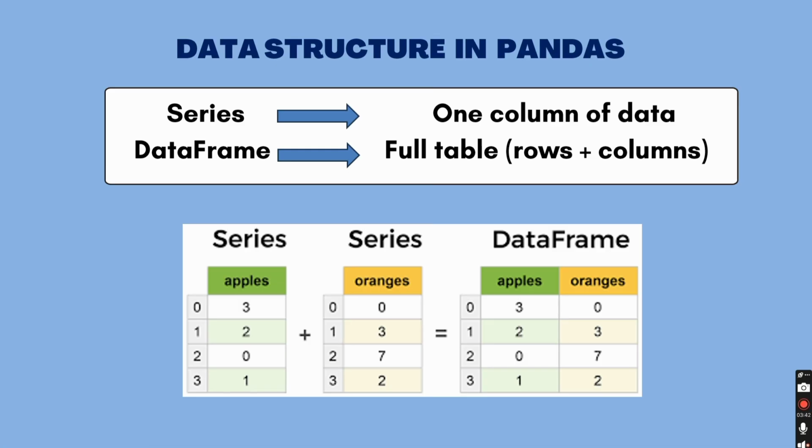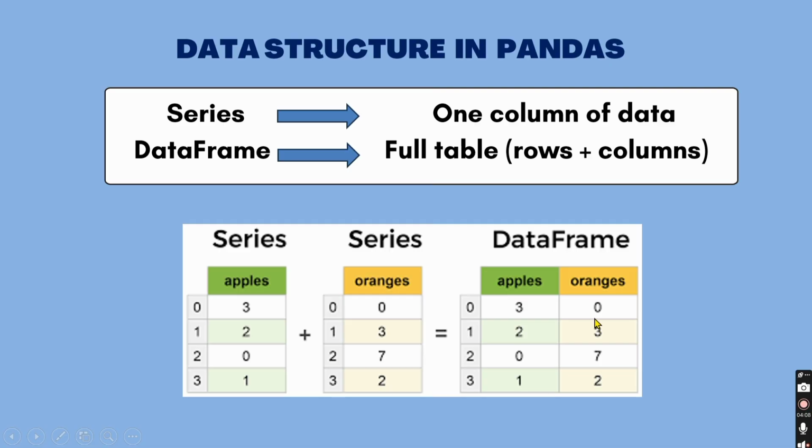These are the series in Pandas, while when we combine them we get something like a table, a tabular format with a lot of columns and a lot of rows, just like this one. If we combine these, we get apples and oranges. This forms a table with a single index, four rows and two columns.